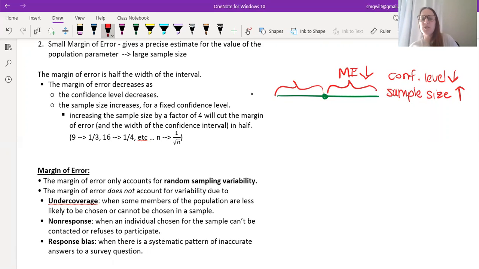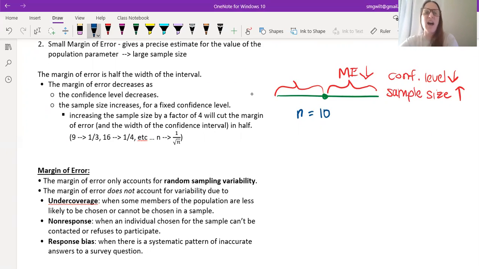So they give the example in the problem that if I increase the sample size by a factor of 4, that will cut the margin of error in half, which is the width of my confidence interval. So say that I originally had a sample size of 10, right?